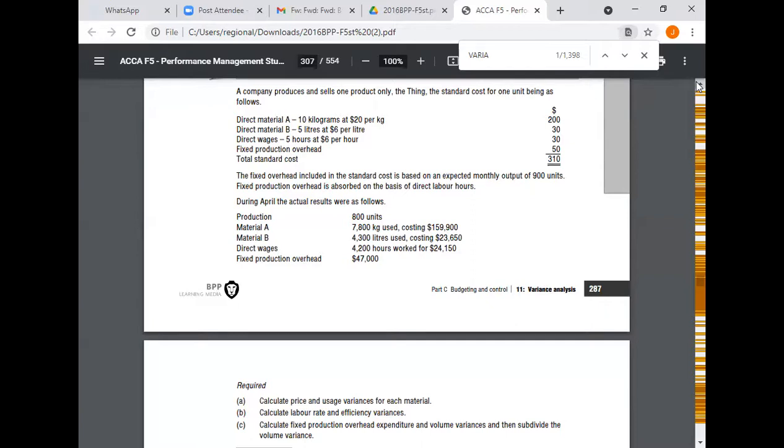I'm waiting to hear from you great students. How much, you great accountants, were we budgeting to incur as our total fixed overheads?